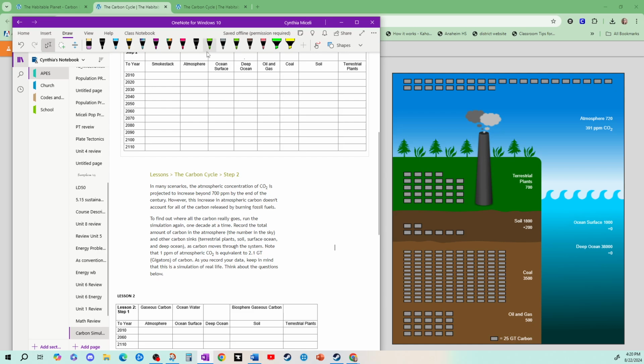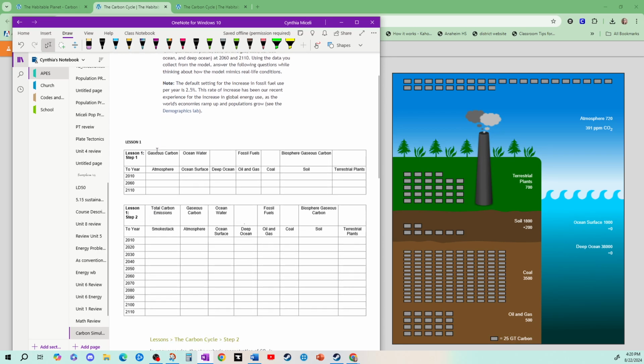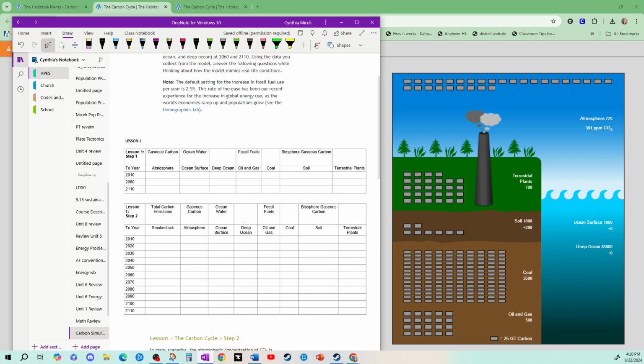This is what your worksheet looks like. Step 1. So we're just going to fill it in. We know we're set at 2010 right when we start. The atmosphere is at 720, and 391 parts per million of it is carbon dioxide. So we're going to record that.